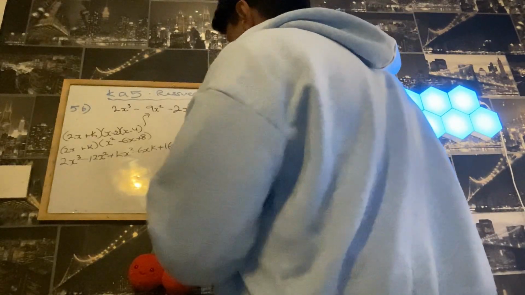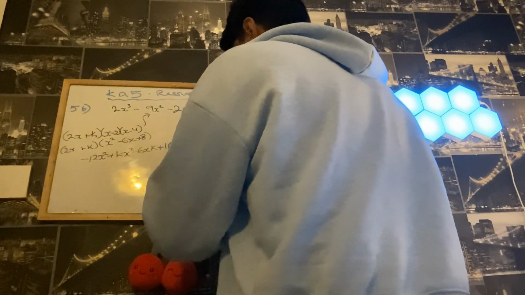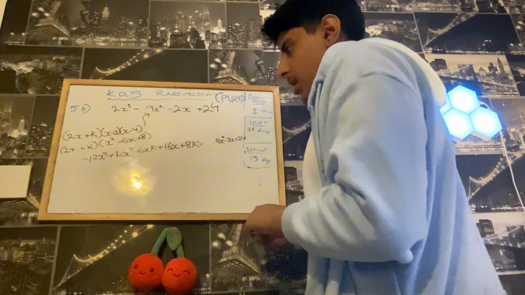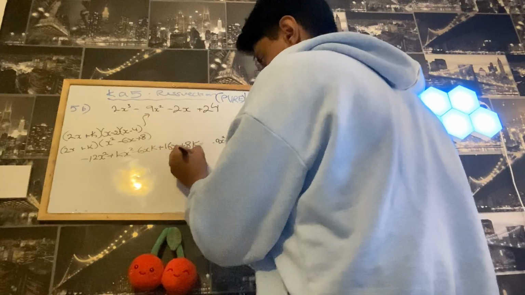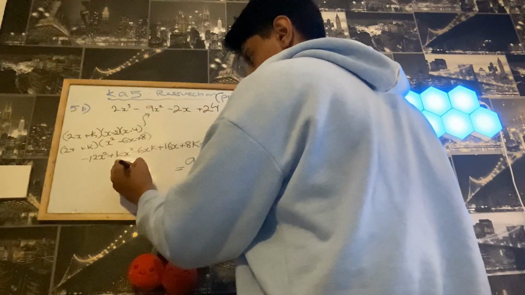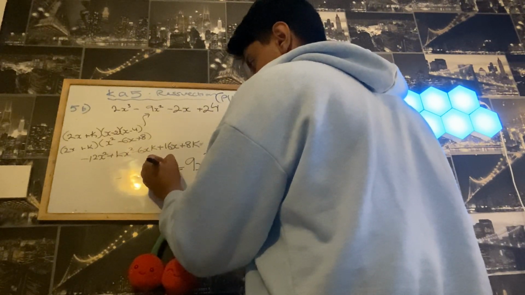Okay? These and these would cancel out. Minus 9x squared, minus 9x squared. Well, minus 9x squared is the same as minus 12x squared plus kx squared.